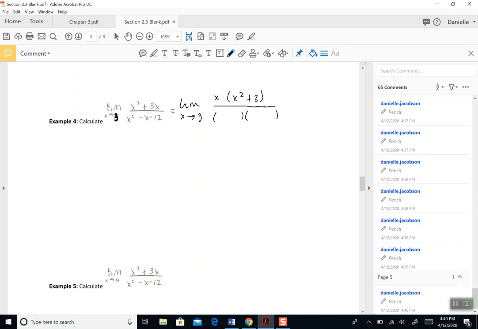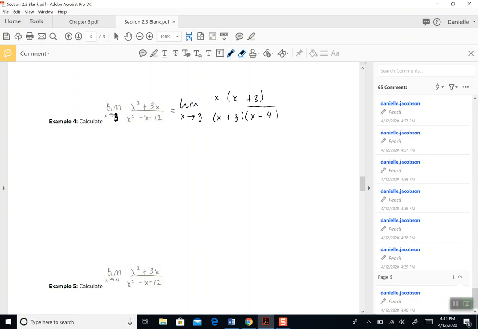All right, so let's see, I know I have an x here, an x here. I need a negative in the middle, so I think if we use minus 4 and plus 3, this should factor. So let's see, pull it out, double check, we have x squared minus 4x plus 3x, that is a negative x, we're good there. 3 times negative 4 is a negative 12, it does factor.